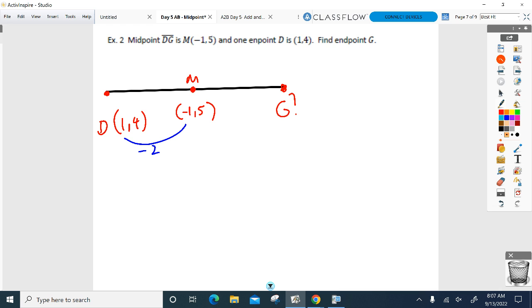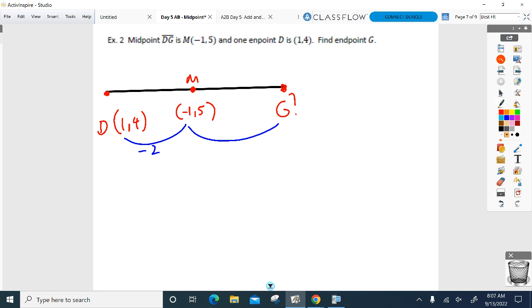And where's M again? Directly in the middle. So however I got there, how many more units do I have to go to get to G, if that's directly in the middle? Exact same amount. I just went minus 2, 2 to the left. So guess what I have to do again to get to G? 2 to the left again. Make sense?